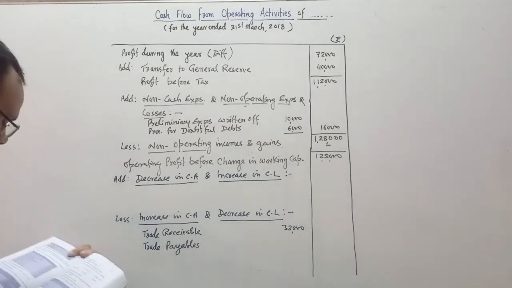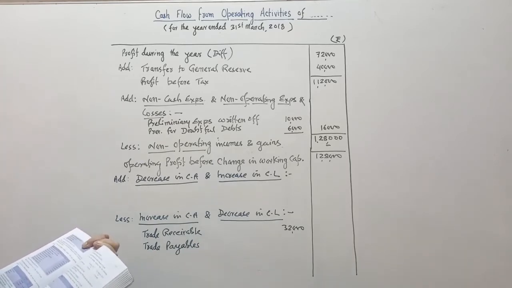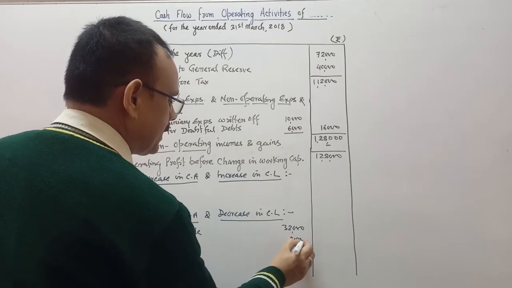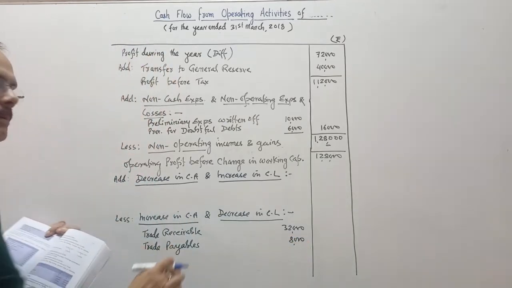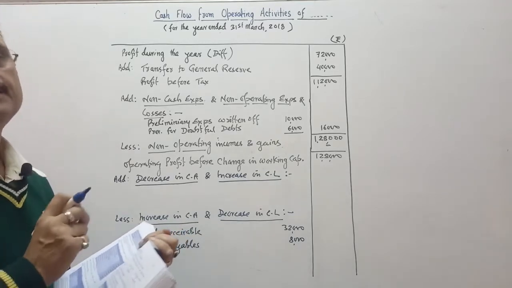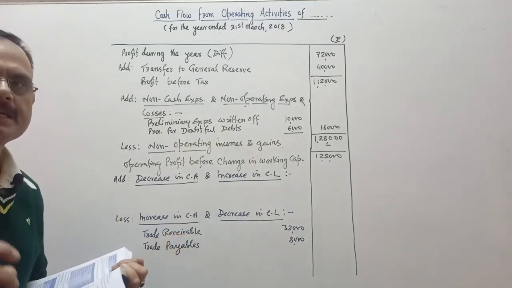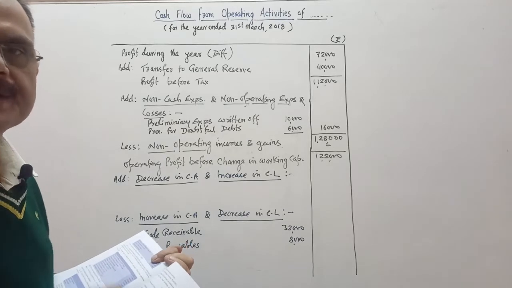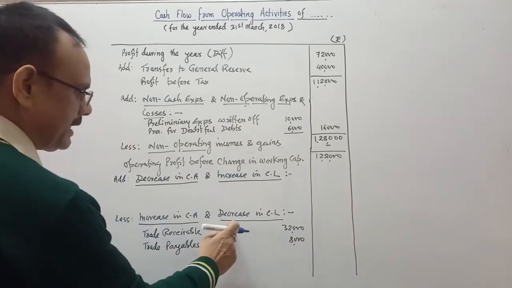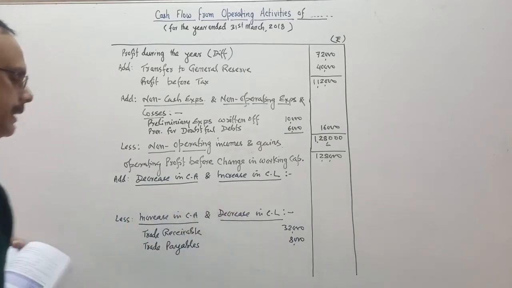Payables means both creditors and bills payable come under trade payables, jointly known as trade payables. So there is a decrease in current liability, and we will deduct it.